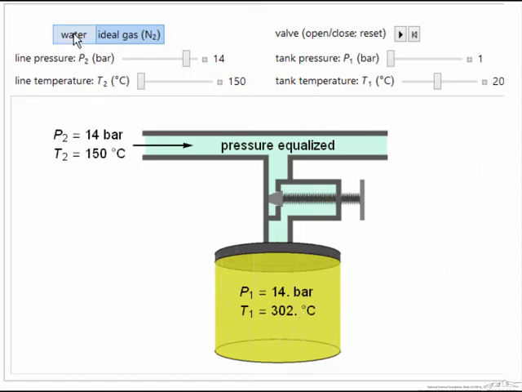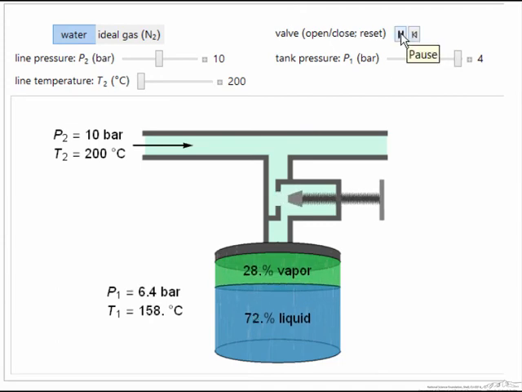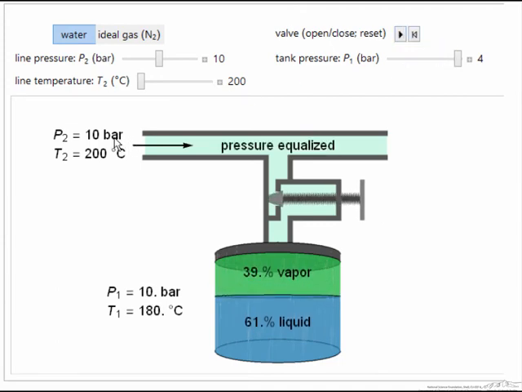If we instead start with water in vapor-liquid equilibrium, and I select play, now the pressure goes up to 10 bar. 180 degrees C is the saturation temperature at 10 bar, and we have a vapor-liquid mixture at the higher temperature.